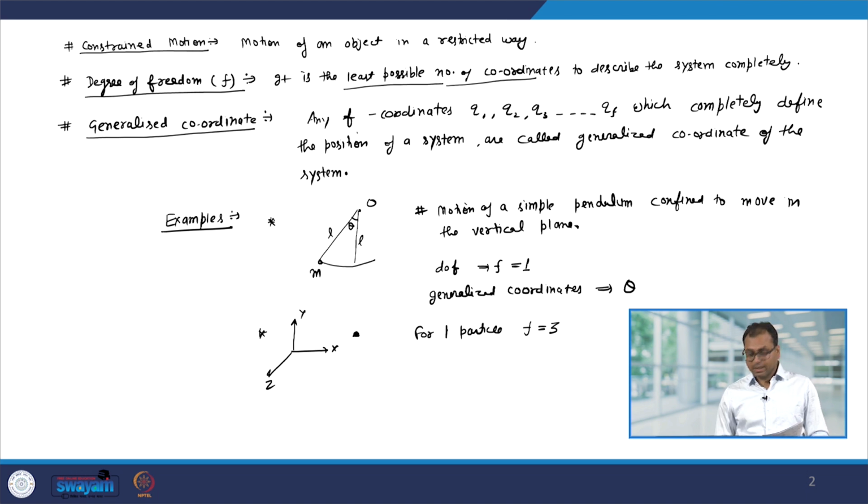But the degree of freedom will be 3 because it can move in 3 dimensions. Similarly, if there are n particles, in that case the degree of freedom will be 3 times n.